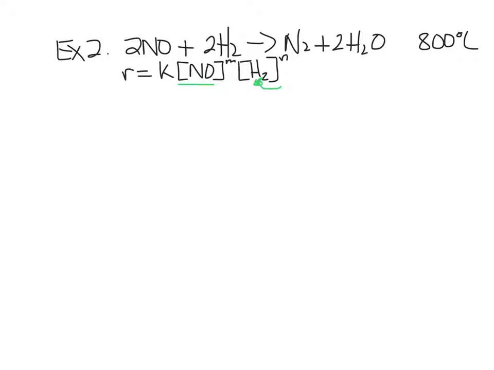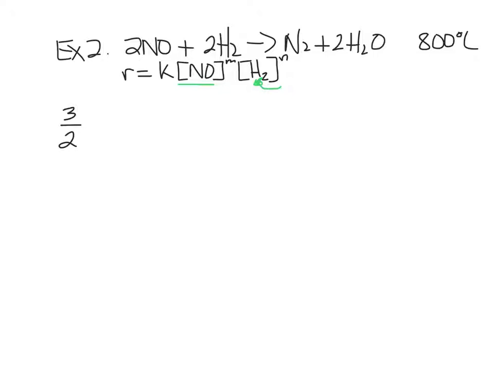So in order to do that, we will have to use trials 2 and 3 because the H2 concentration doesn't change, it stays at 0.2. So if we compare run 3 to run 2, substitute in your values.